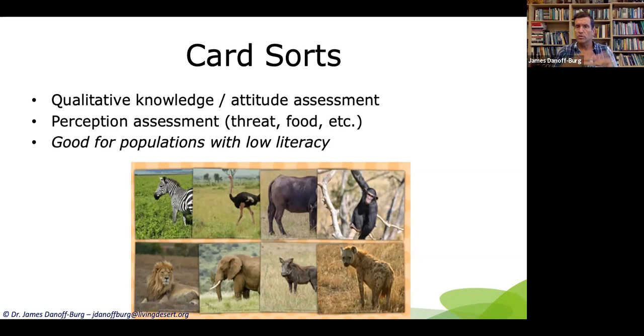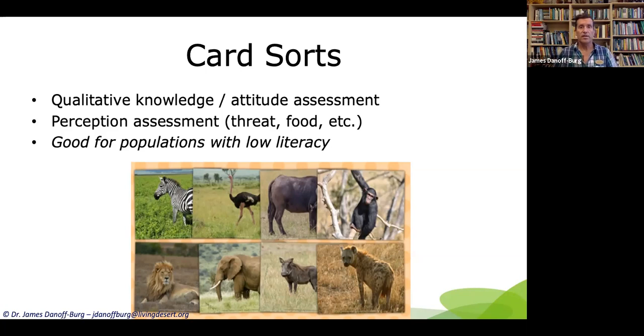There's 8, so we'll ask them to sort them in one long line from most problematic in terms of their likelihood to eat their crops to least problematic, least likely to eat their crops, right? So it's a nice way to assess their knowledge and their perceptions and their attitudes.